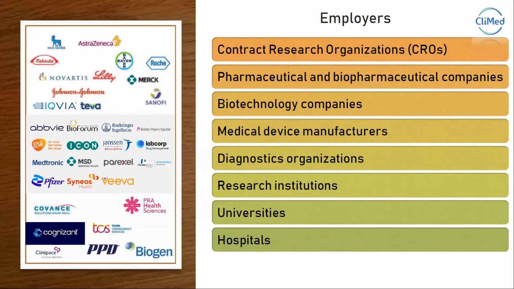Contract research organizations include PRA Health Sciences, ICON, and IQVIA, which you must have heard of already. Some others are medical device manufacturers like Medtronic. They also need data managers, because everything has data in it. So all these are employers where we have a chance to get recruited. All right.